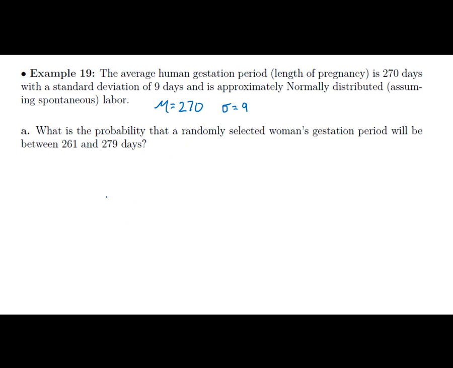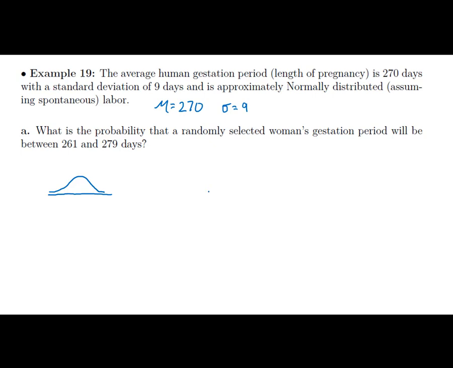So with that knowledge, we know that any of these questions we want to answer, we can be thinking about this curve. Part A asks, what is the probability that a randomly selected woman's gestation period will be between 261 and 279 days? When you're doing these story problems, think about what we are being asked for. Clearly they ask us for a probability here.